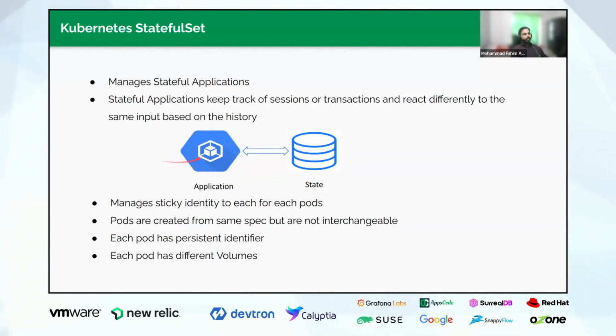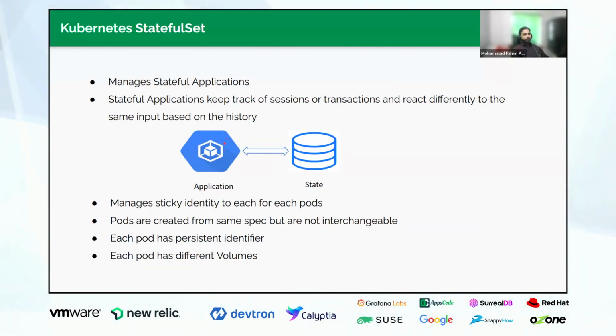When users connect to your application, the application keeps track of their sessions or the transactions that are happening on the application, and it can react very differently to the same input given by the user based on the state or history that it has. Suppose a user is requesting information from your application.